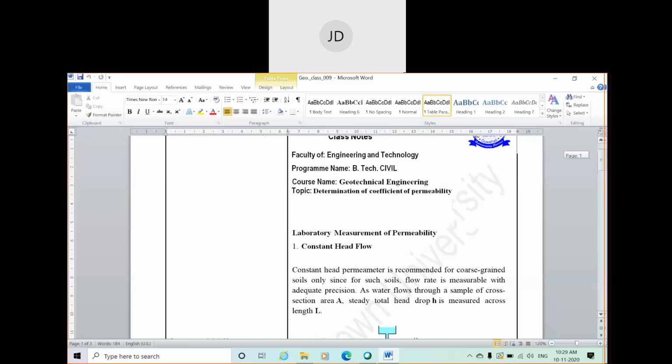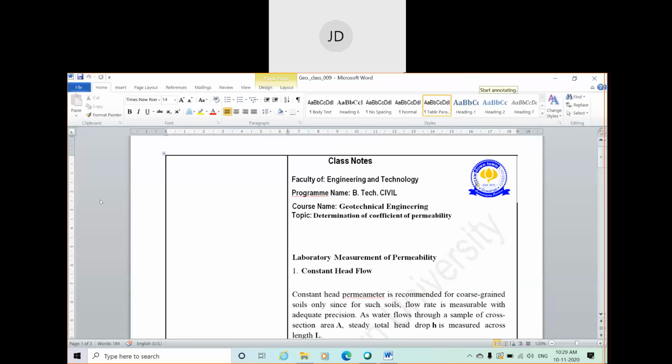From the last class we have got this formula, Darcy's formula, Q is equal to KIA.